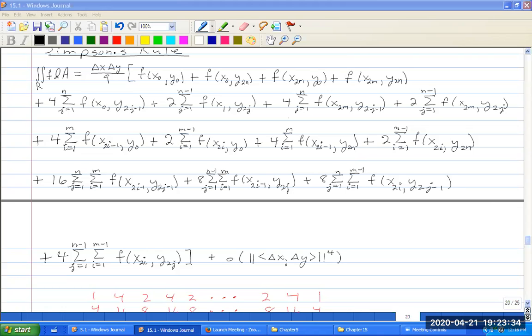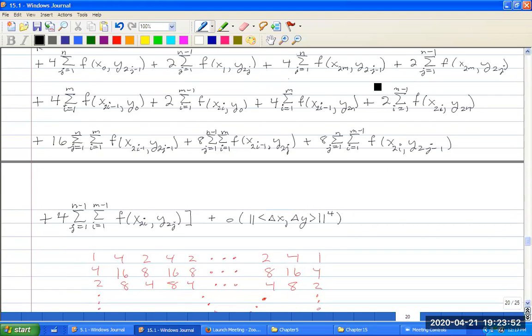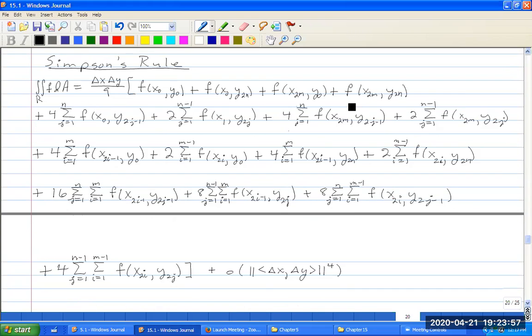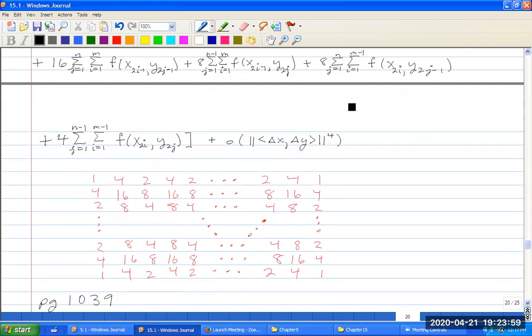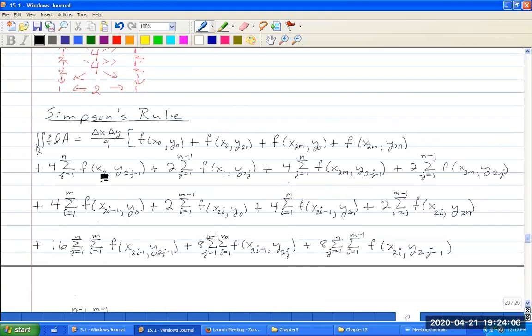Simpson's rule for the two-dimensional case. The integral over the region R, the rectangle R, of f is delta x, delta y over 9 times... For the corners, you're just multiplying by 1. There are 4 corners, and they have 1s.